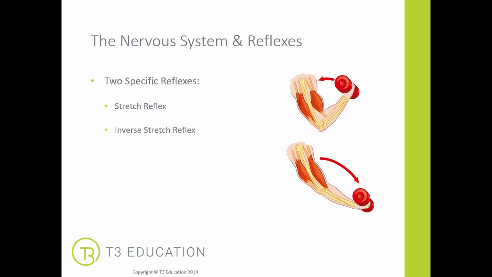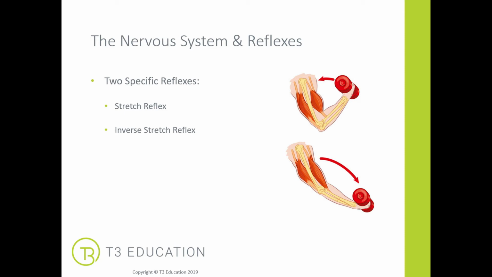What we then get is this release or this lengthening through a muscle to let it go. So if we want to create a lack of tension in a muscle or to increase its range of motion, reduce its tone, then maybe creating a way that we can leverage that inverse stretch reflex, but in a safe and controlled way, may get us some of the results that we want.